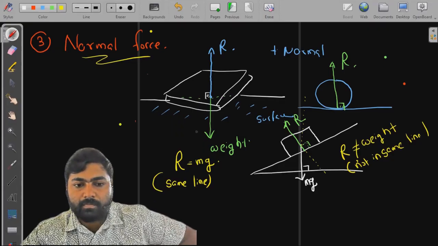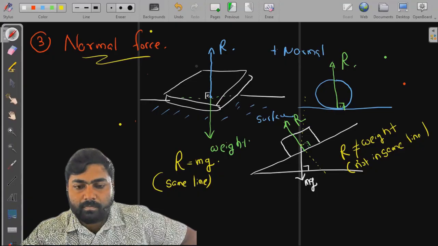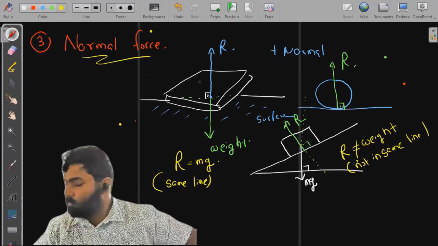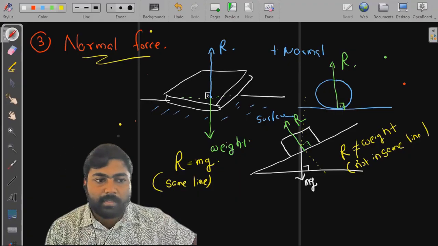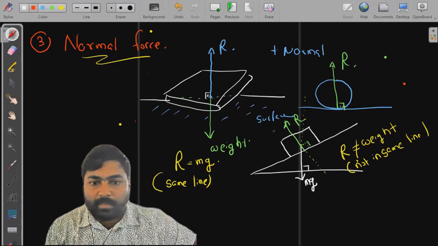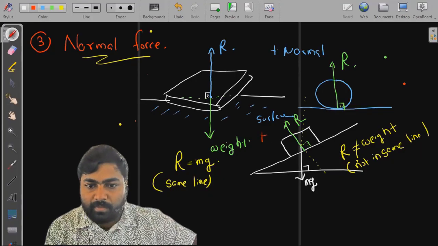Finish writing. Yes, sir. Okay. Then draw these figures, and draw this figure as a separate figure. This is on an inclined plane.